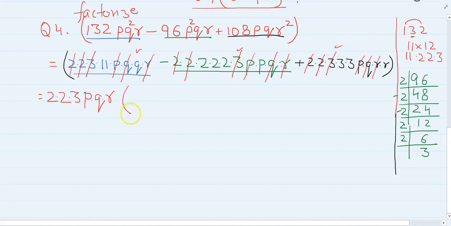So now we are going to write what is remaining. So the remaining is 11q minus, this is 2 times 2 times 2, which is 8p, plus 3 times 3 is 9r.